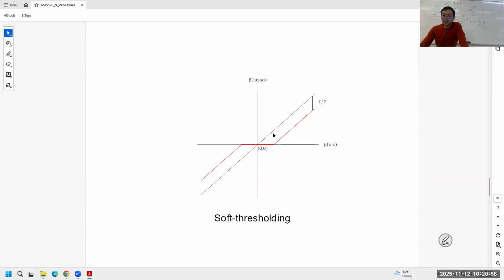You can see this line right here representing the ordinary least squares beta. For lasso regression, it just does a shrinkage.